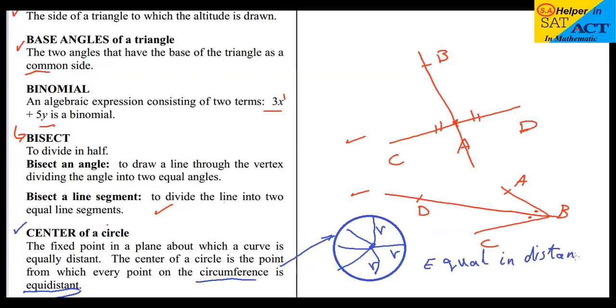Equidistant means equal in distance from a point. It takes equal, drops the al, takes an i, and becomes distant or distance. Okay, equal in distance, equidistant.